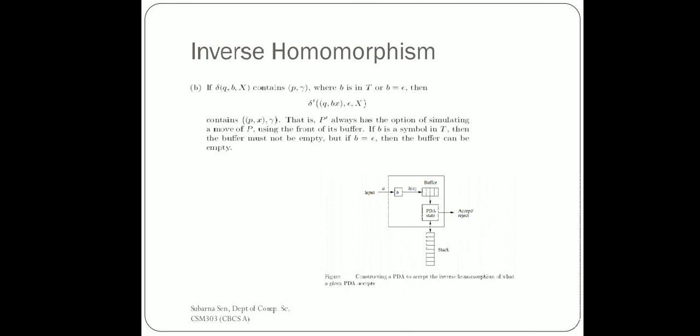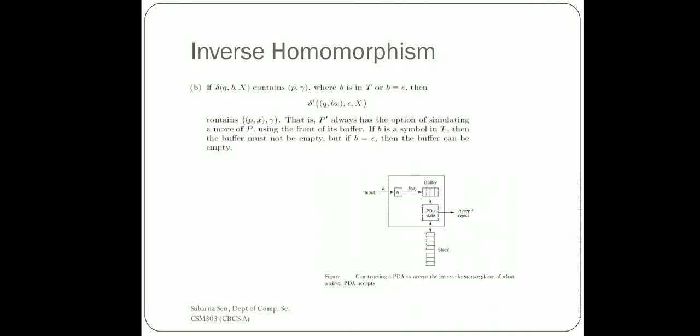Okay, now if this condition holds, if this is the input (q, bx) and it contains a pair (p, lambda), b is a terminal, it may be a terminal string or it may be empty. So how is it going to work? P dash always has the option of simulating a move of P using the front of its buffer.